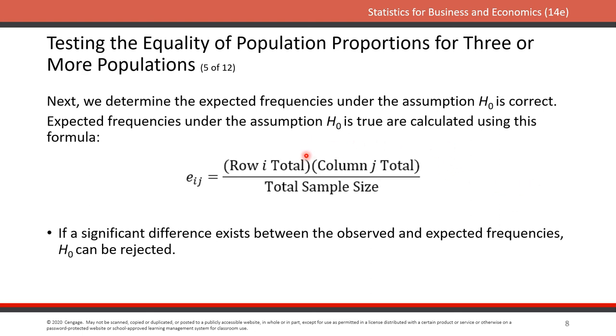Or, said another way, this assumes that all of the probabilities for each of the columns are the same. So we calculate the expected count assuming all of the probabilities are the same. So using math theory, what would the expected count be in each of those cells if all the probabilities were the same? And then we're going to see how far the difference is between what we actually observed and what we expected.